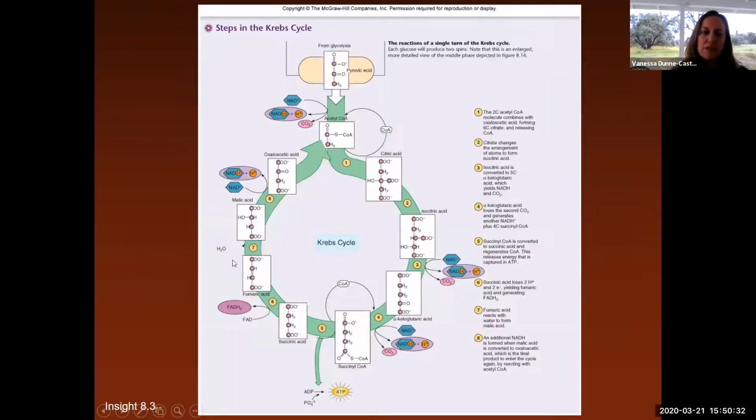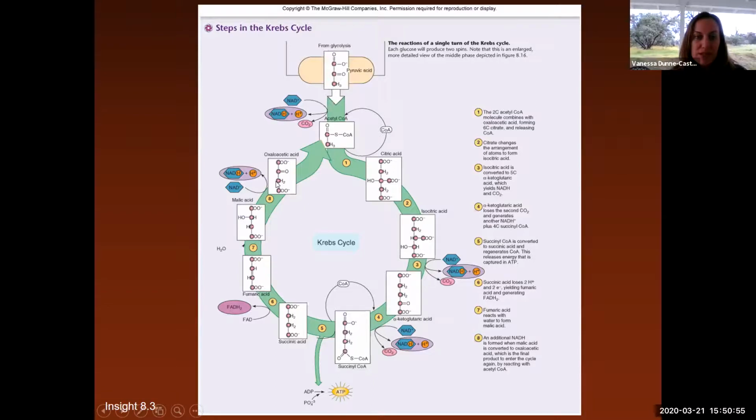If you're curious about each of these steps along the process, this is the actual biochemical makeup of this molecule, the 3-carbon pyruvic acid. Here's that 2-carbon acetyl group that's picked up by that coenzyme A, and that coenzyme A essentially just continues to shuttle as we drew in our diagram. This is that reduction event that's occurring as we have this partial oxidation of this pyruvic acid.